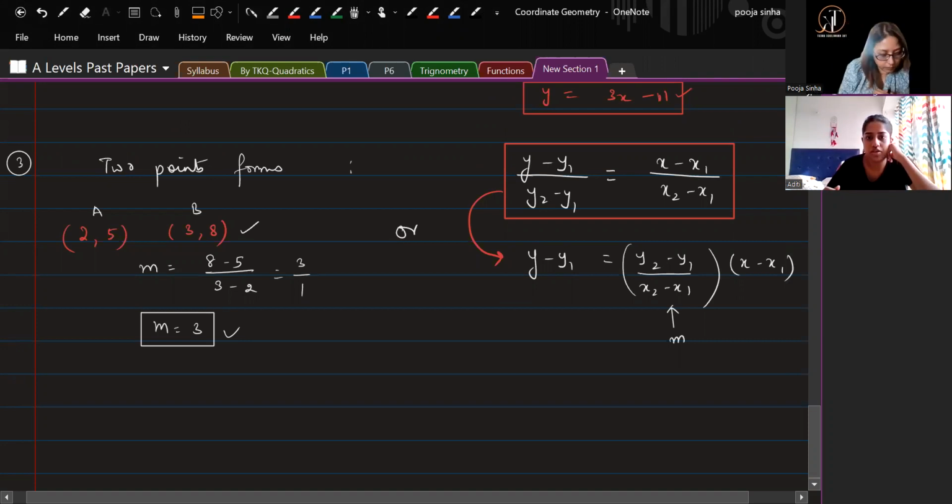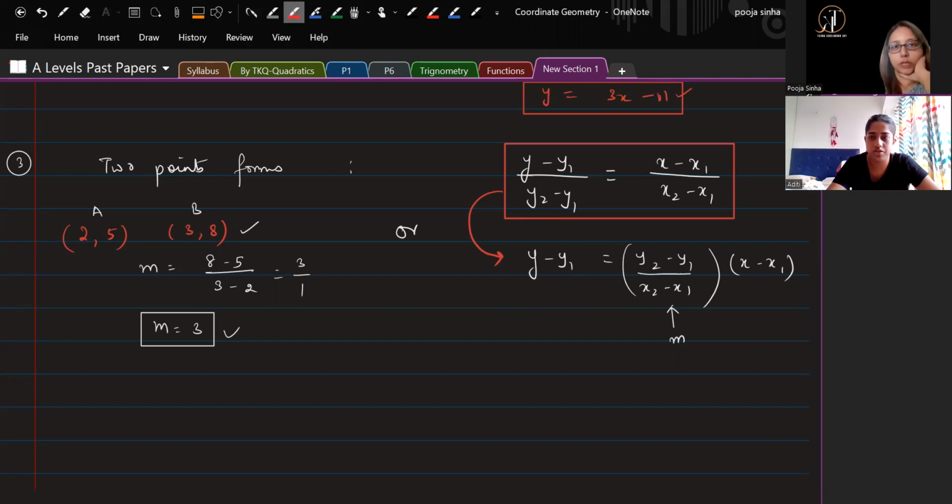Okay. So for the y, the second formula which you told me about, y minus y1. How exactly do we come to this form again? How do we come to this part where y minus y1 is equal to y2 minus y1 upon x2 minus x1?